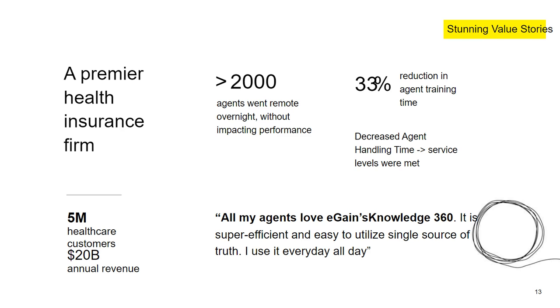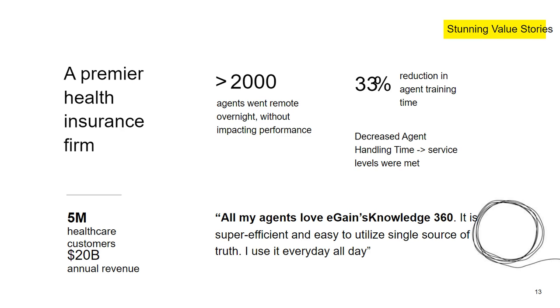Here's another example of a health insurance firm. Here's an example where, if you look at what's going through the pipes, you saw a number of agents that had to stop going to the retail center, and they were repurposed in a sense, so they were having to work remotely. And they were able to achieve this with a good knowledge management system without impacting their performance metrics.